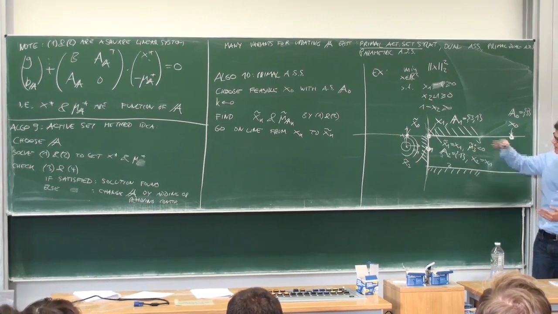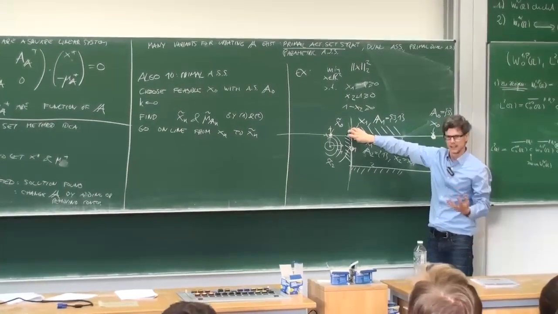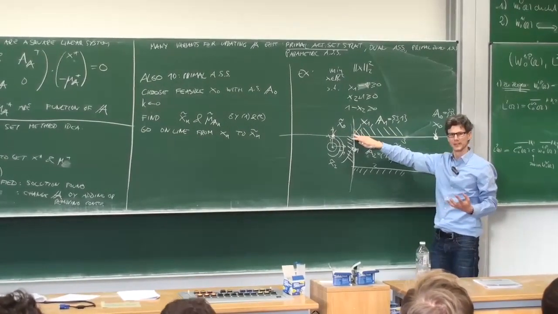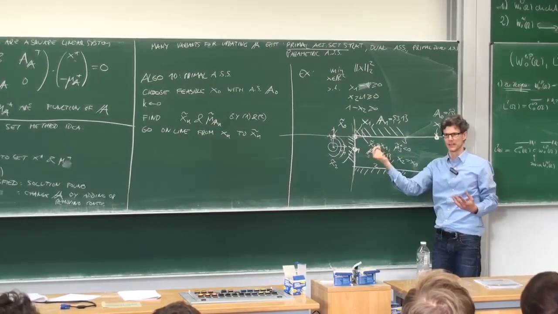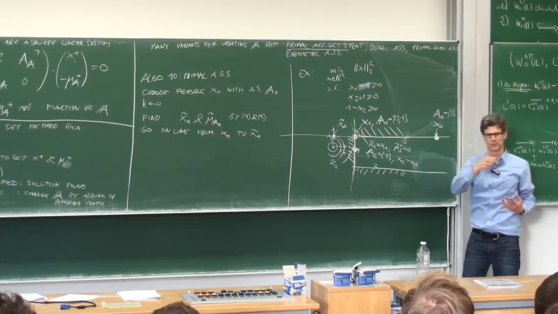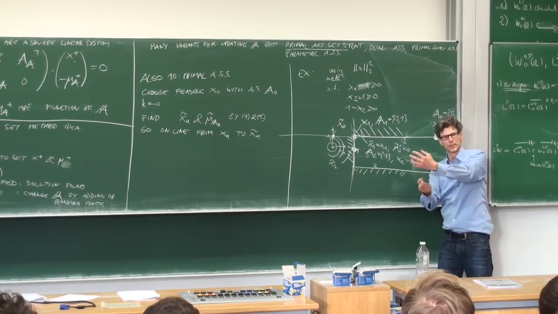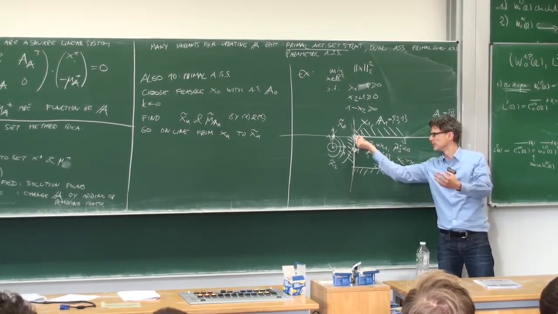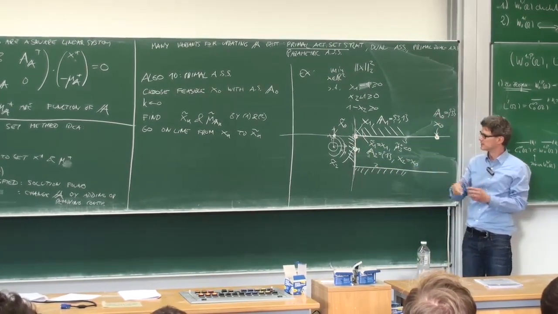That way we add more and more constraints to our problem. Once we have added so many constraints that we don't move anymore, we look at the signs of the multipliers of these constraints, and then we drop those which have a negative sign. And because we remove some constraints again, we start to move again, in some descent directions.